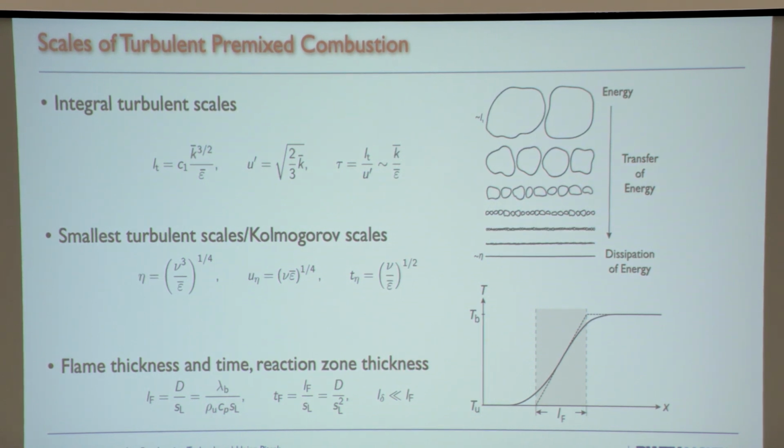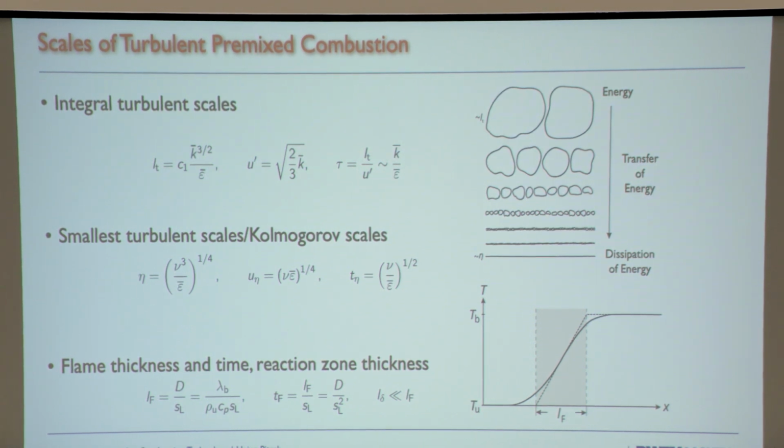When you have a laminar flame and you add turbulence, then you make flame surface. Larger flame surface burns faster, so that must be important. So in terms of K and epsilon, we can define a length scale, K to the 3/2 divided by epsilon. We can define a U prime, and we can define a time scale. These are the large scales.